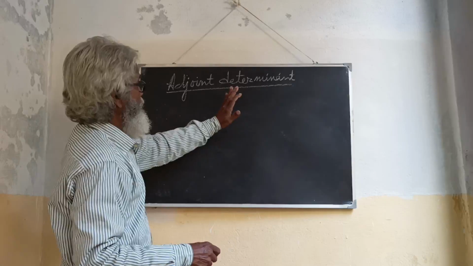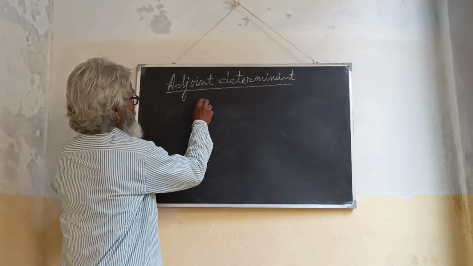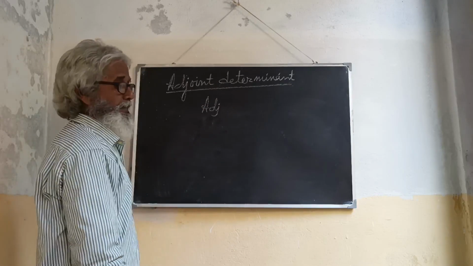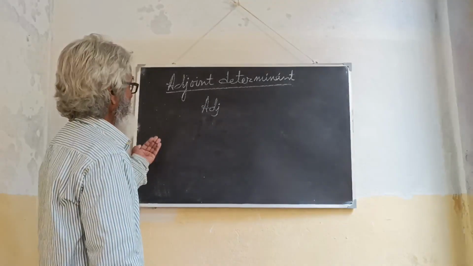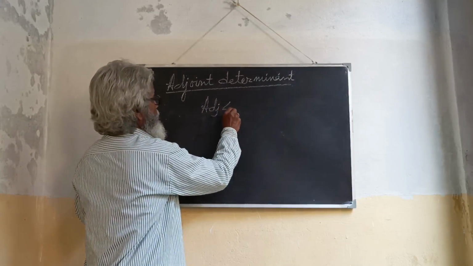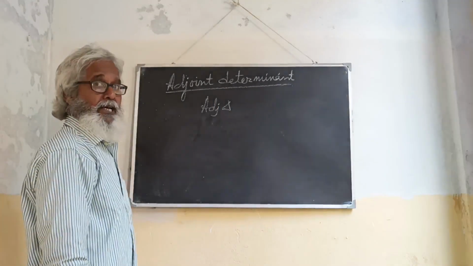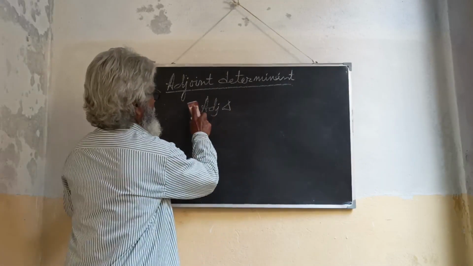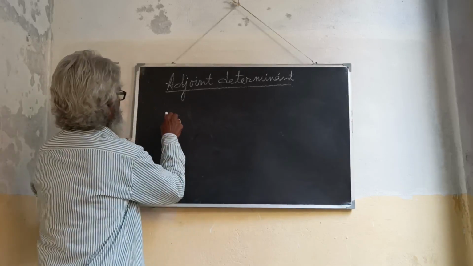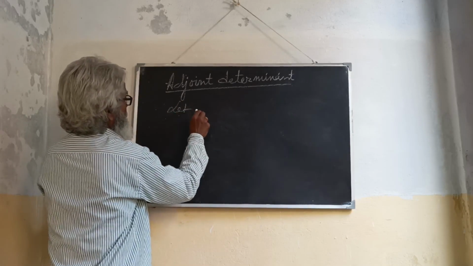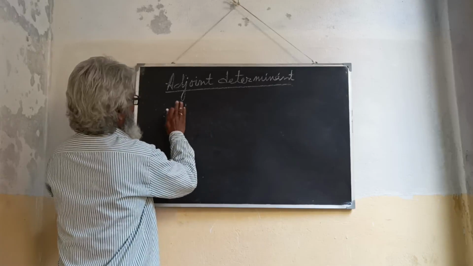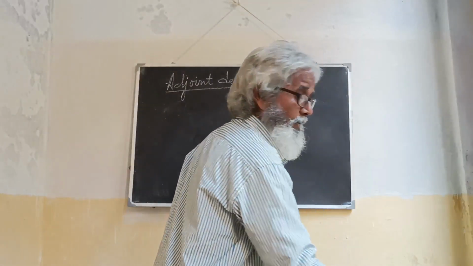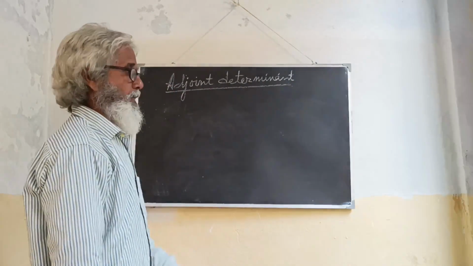I say adjoint determinant. In short, later we will write ADJ, adjoint. If delta be the determinant, then adjoint determinant is ADJ delta. What is adjoint determinant? At first we define what is adjoint determinant.